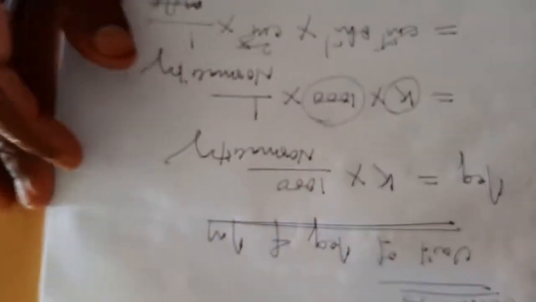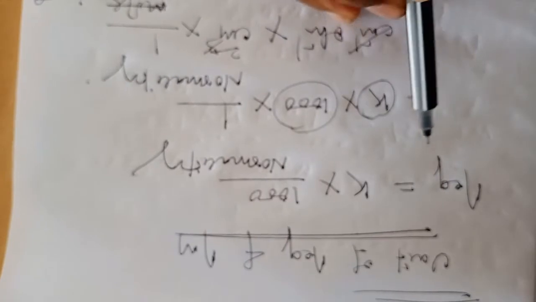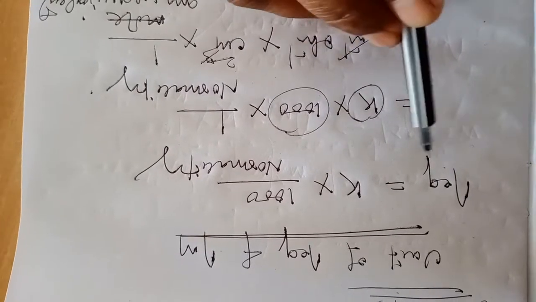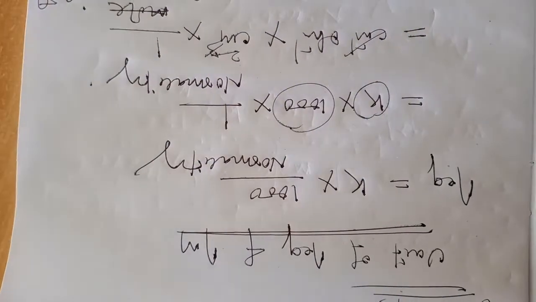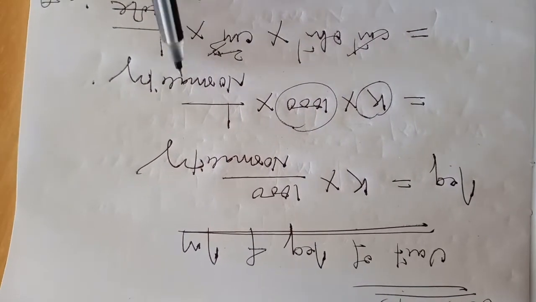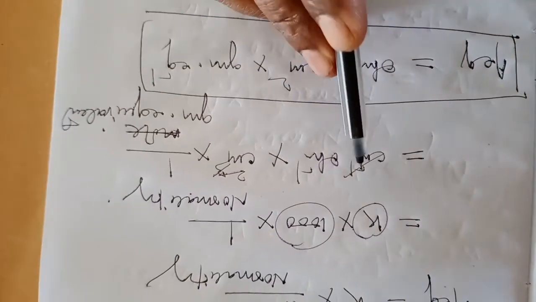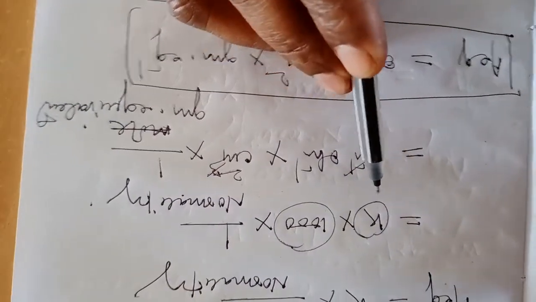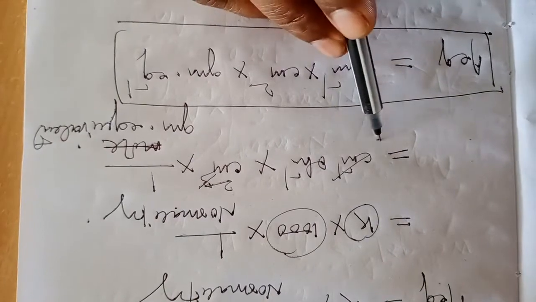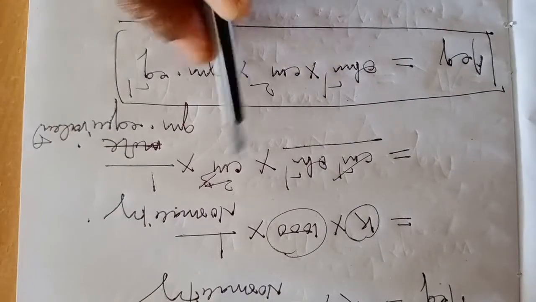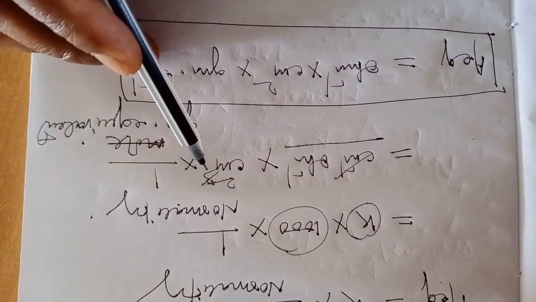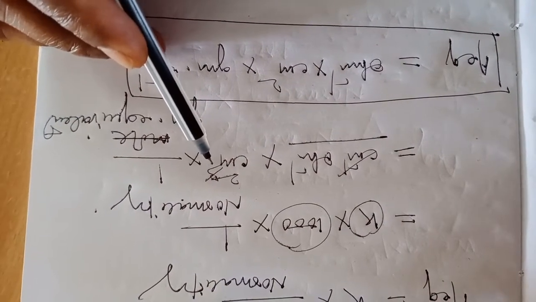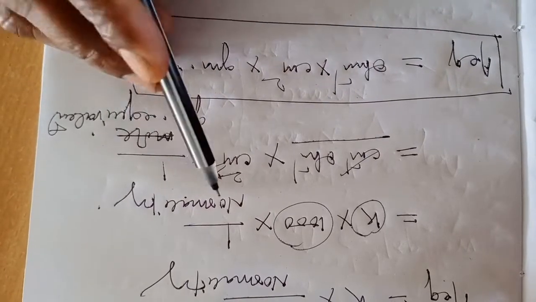Once again, equivalent conductance equals K into 1000 by normality. K is the specific conductivity, so its unit is cm inverse ohm inverse, and the unit of 1000 is cm cubed, because we have taken it in cc.